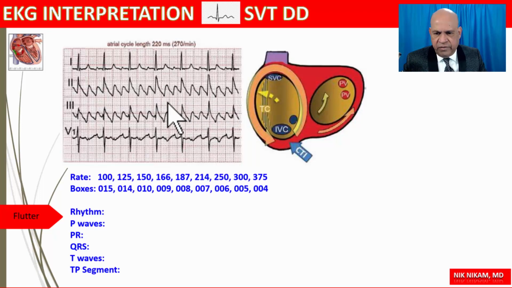If you look at it, it involves one big box, the peaks. So that is 300. The ventricular rate is approximately 100. So we are dealing with 3-to-1 conduction. Along with that, we see these P waves here in these leads, and there are probably hidden P waves in the QRS complex and perhaps in the T waves also.